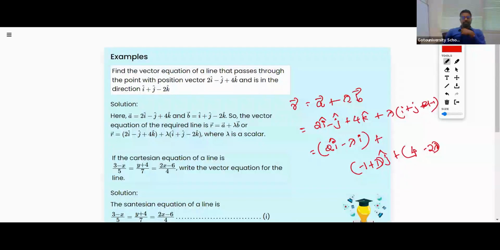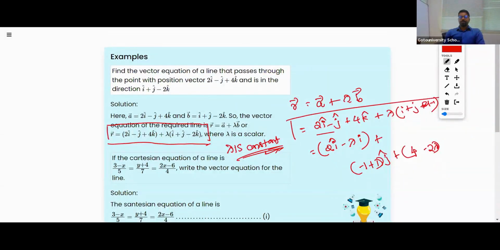So this is how we get the equation. We can stop at this point because it's only asking for a vector format, and we can say lambda is an arbitrary scalar constant. We cannot find the value of lambda with the information they have given.